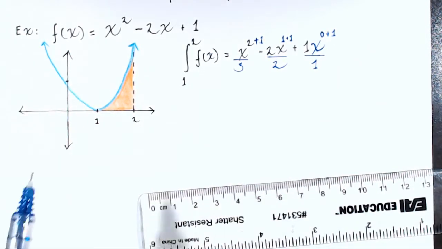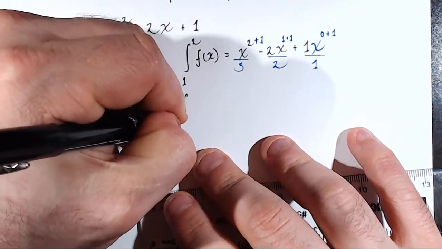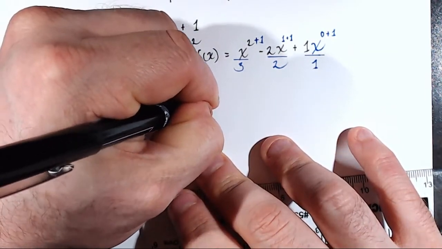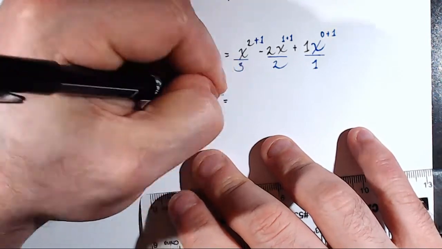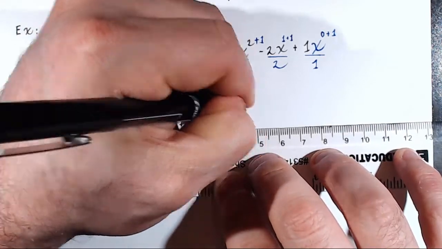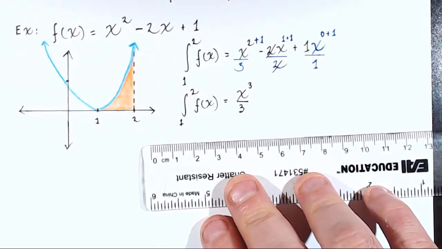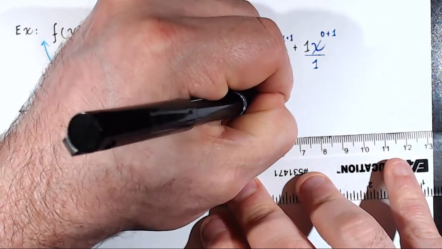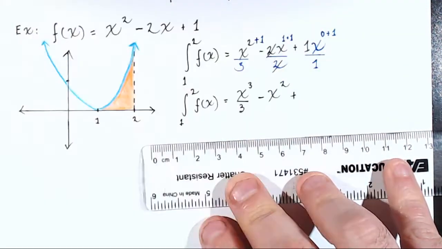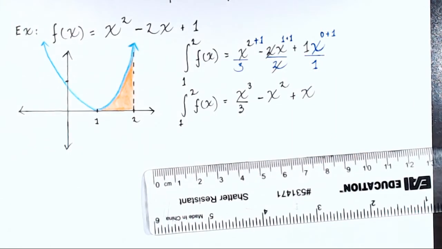So let's clean this up and say the integral from 1 to 2 of f of x, we're still working on it, is equal to x cubed over 3. And then you notice that these 2's cancel, minus x squared plus, the 1's don't matter, plus x, and I don't have to write to the first power.